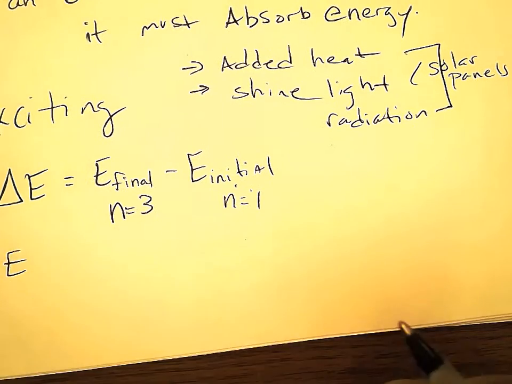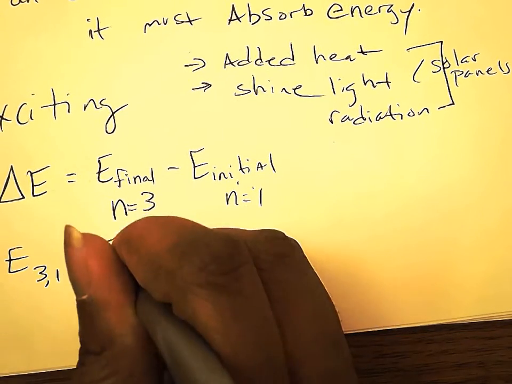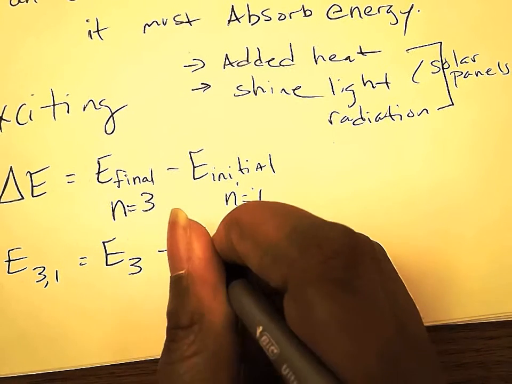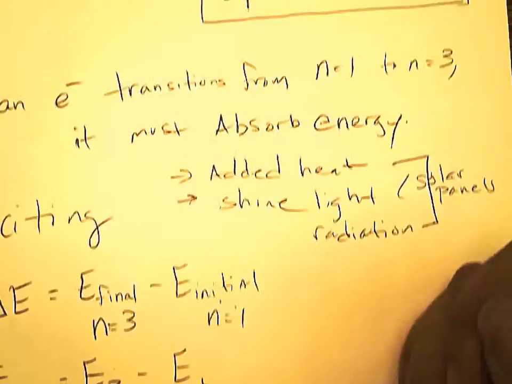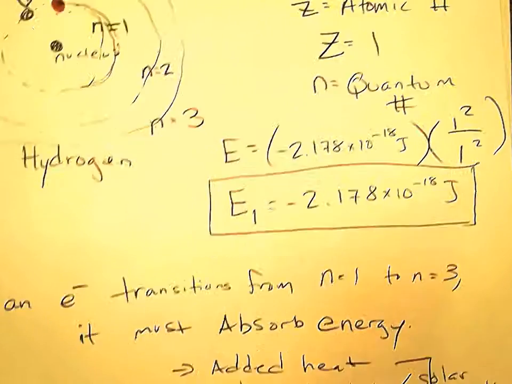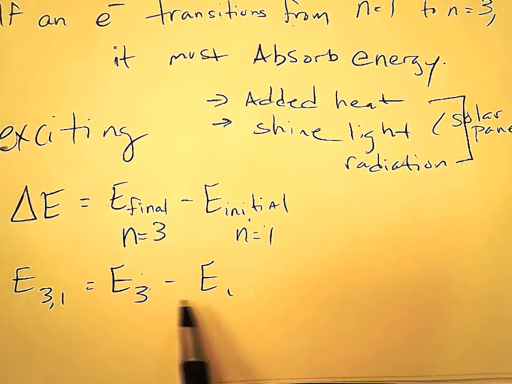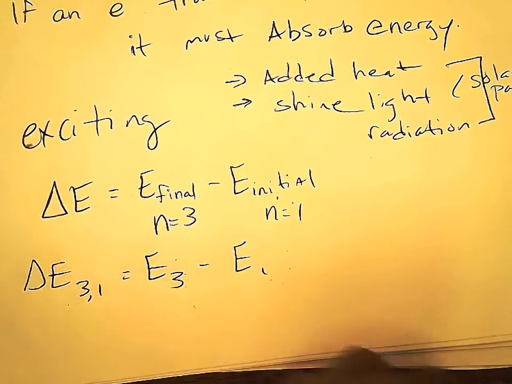So your delta E would be the energy to be on the third ring minus the energy to be on the first ring. You would calculate your E, as you did on this equation, for the first ring and the third ring, and subtract them like this, and you'll get your delta E.